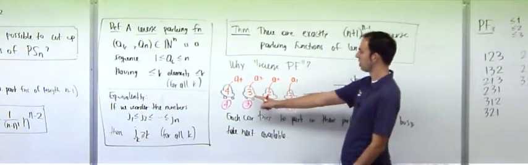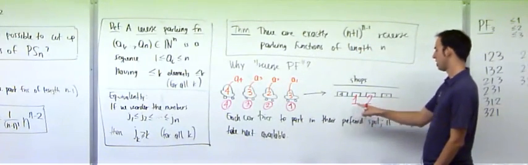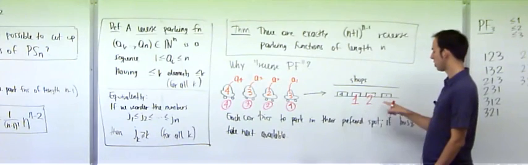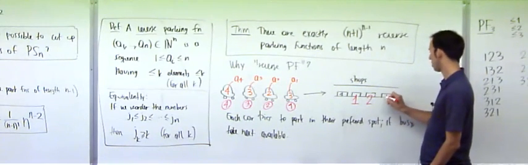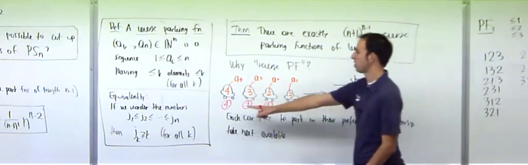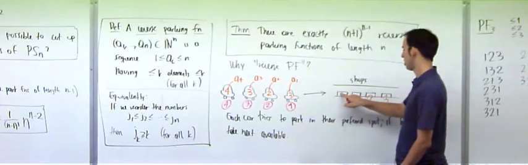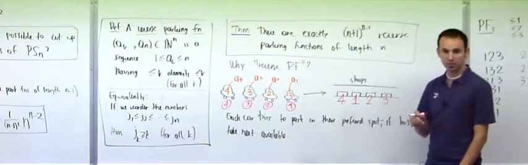Then car 3 tries to park at spot 3, but that's busy. So then it tries to park here, but that's busy, so it takes this one. And then car 4 wants spot number 4, which is free, so car 4 parks there.